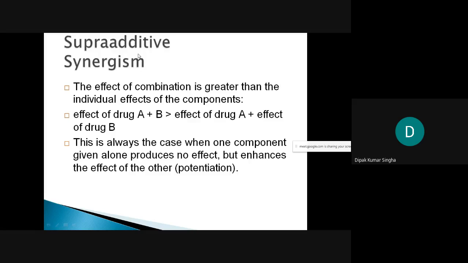And supra-additive synergism. Next, supra-additive synergism. In that case, the effect of the combination is greater than the individual effect of the components, just the same as the synergistic effect. The effect of drug A plus B is greater than the effect of drug A plus the effect of drug B. This is always the case when one component given alone produces no effect but enhances the effect of the other drug, which is called potentiation.